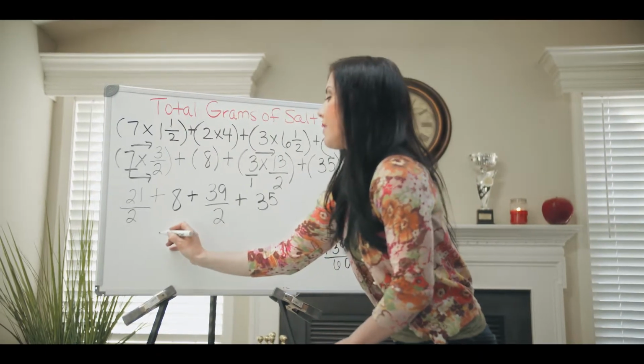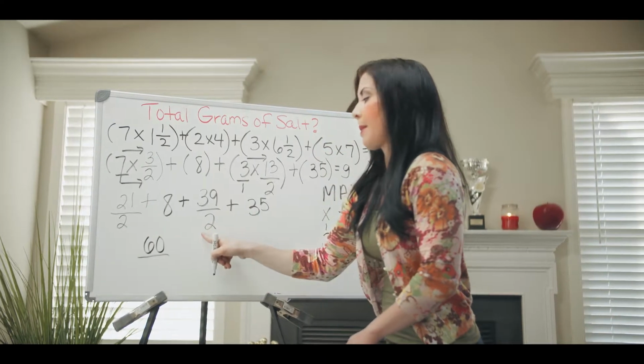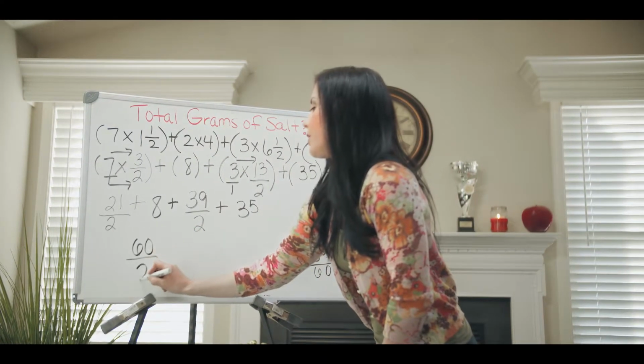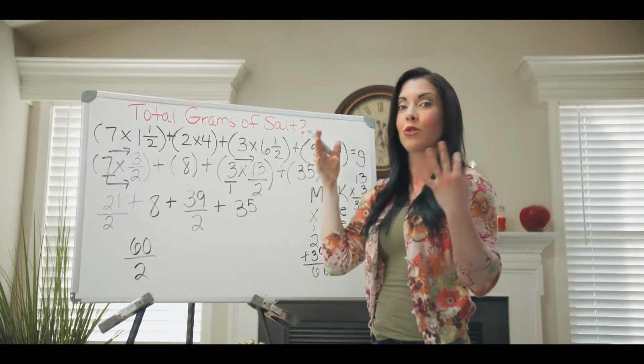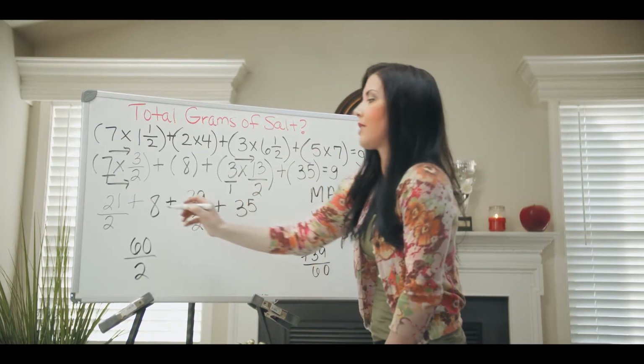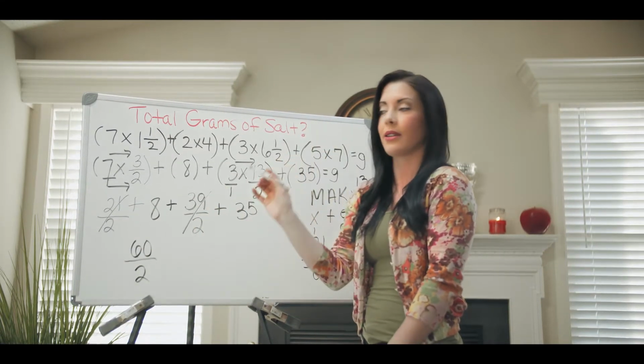Okay, so I have 60 as my numerator over my denominator of 2. And when I'm done with something, I like to scratch it out so I'm not tempted to go back and use it again. So I added these two together. Now I'm done with them.